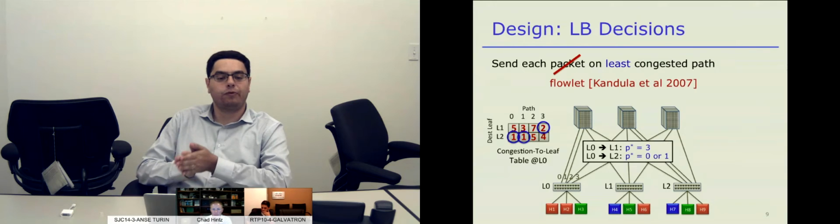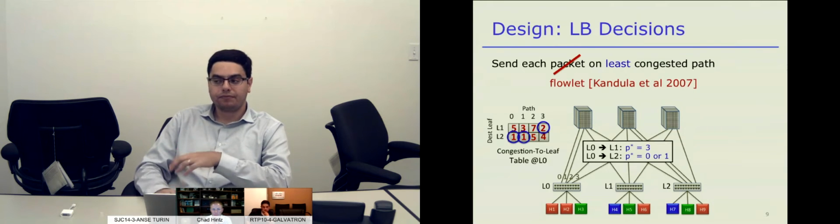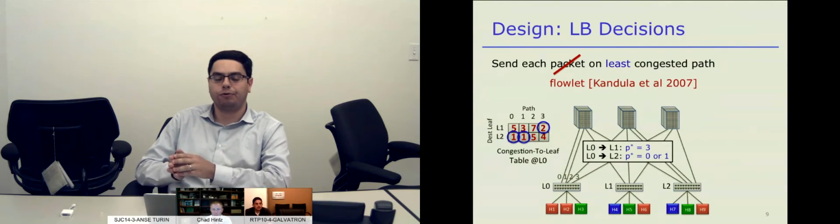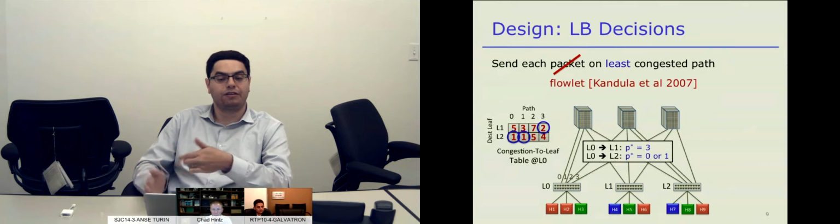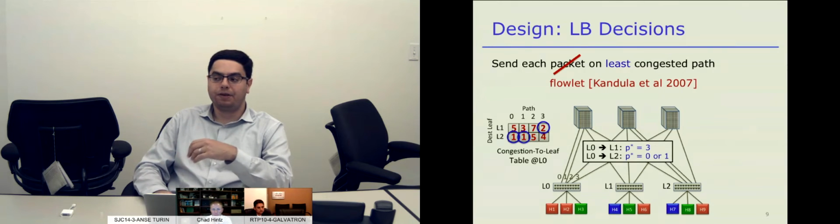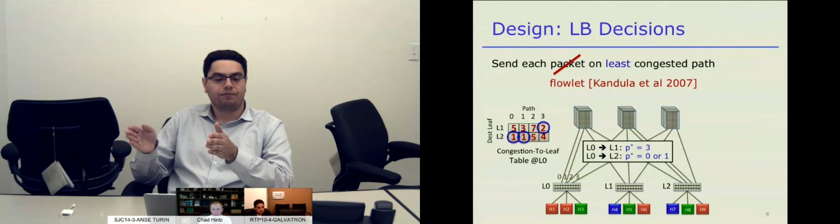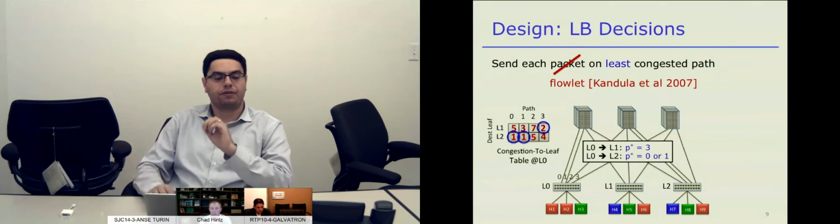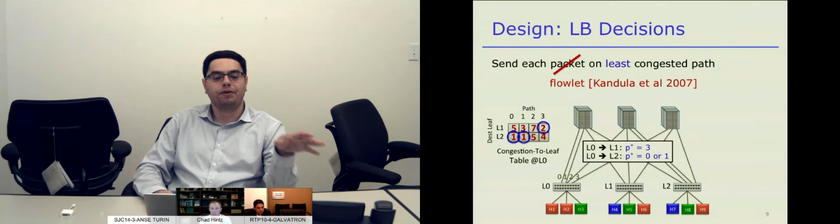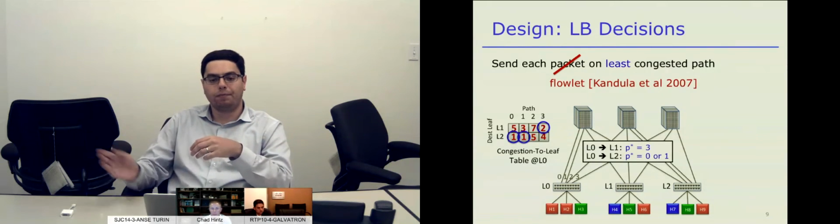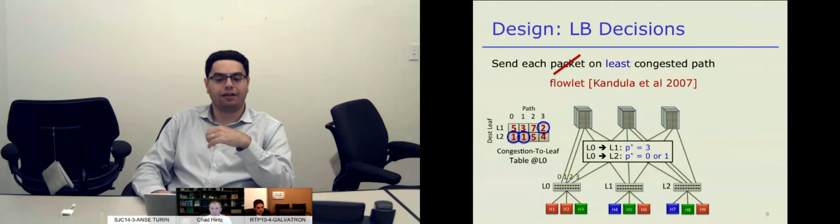We make decisions on what's called a flowlet basis. Flowlet is this nice idea. I'm just referring to a paper from a number of years ago that talked about this idea. A flowlet is a burst of packets that are separated from other bursts by a large enough gap that you can send one burst on one path and another burst on a different path without actually causing reordering.